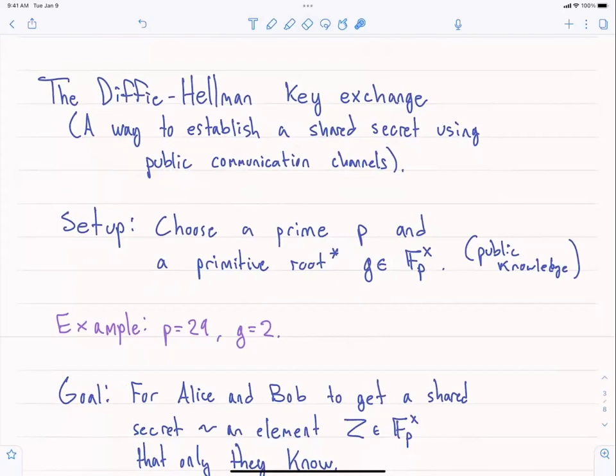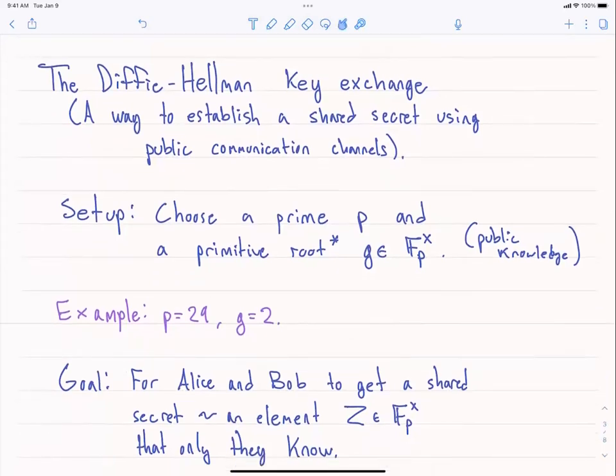The first time you see this, it is pretty mind-boggling that this is possible, that you can establish a shared secret while making communications that everyone else can hear. Well, that's the magic of mathematics. All your life, you've probably known mathematics can be hard. And now finally, we have a use for mathematics being hard.